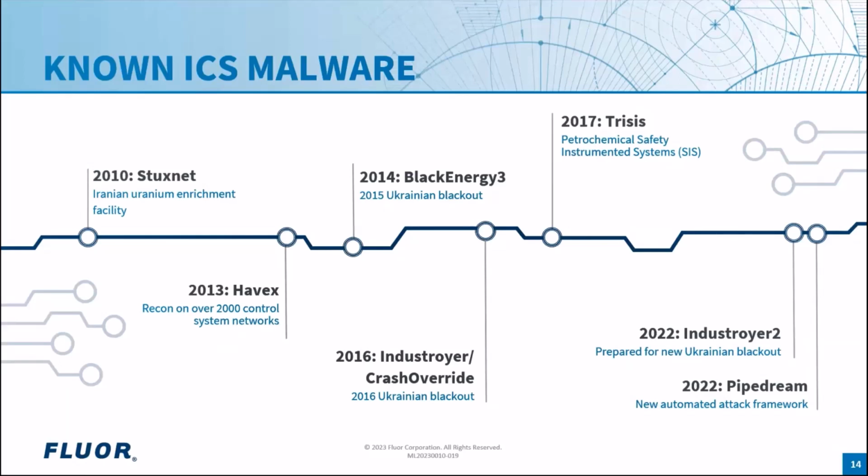And then all the way through, you can see now, just in the last year, we had 2 very significant evolutions of malware targeting OT environments. So if we've only had 7 over this span of 13-ish years, and then we've actually had 2 significant evolutions just within the last year, I think it says a lot.